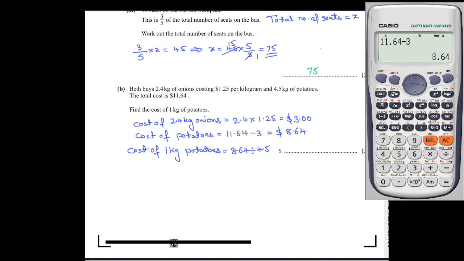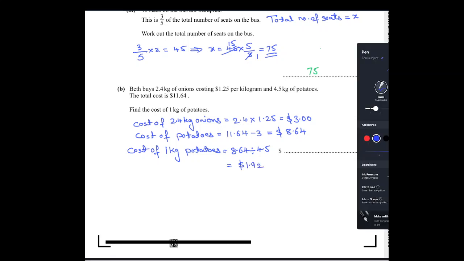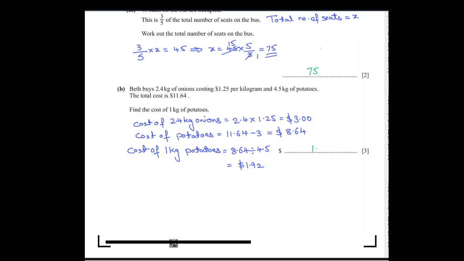So do it. $1.92. So cost of 1 kg of potatoes is $1.92. Question number B is done.